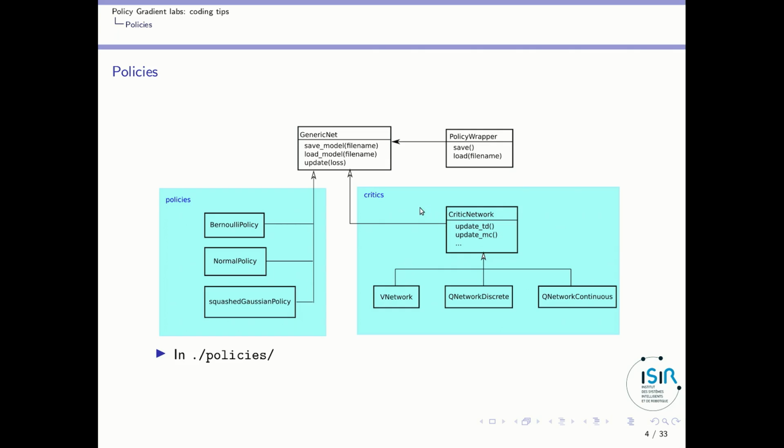And you also have different kinds of critic. So there is a general critic network with a few methods like update with temporal differences and update with Monte Carlo. And then there are more specific types of critic networks, so a value network, a Q network with discrete actions, and a Q network with continuous actions.